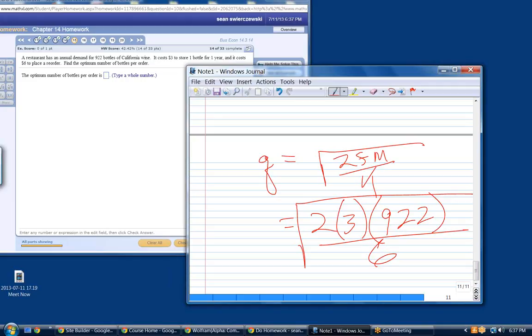If it costs $6 to place a reorder, what is this number?